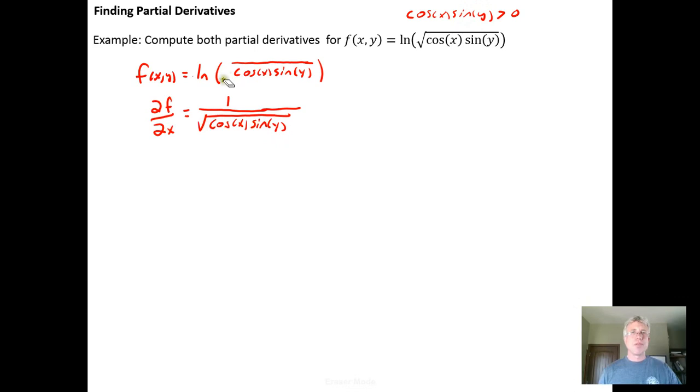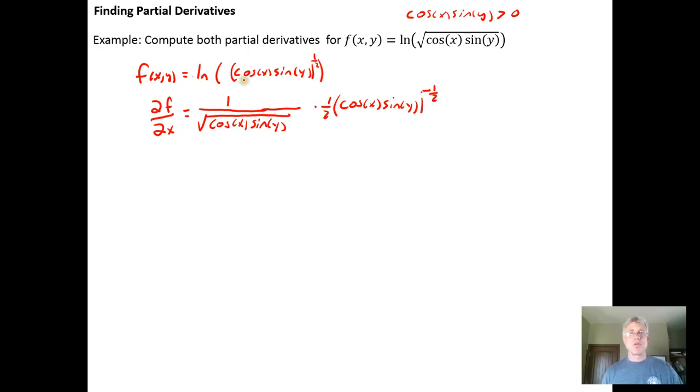So, right, this is a square root, so we can think about it as being raised to the half power. So the derivative of this is going to be 1/2 the stuff inside the square root, which is just the cosine of x times the sine of y, and then we subtract 1 from the 1/2 to get a negative 1/2 sitting here.